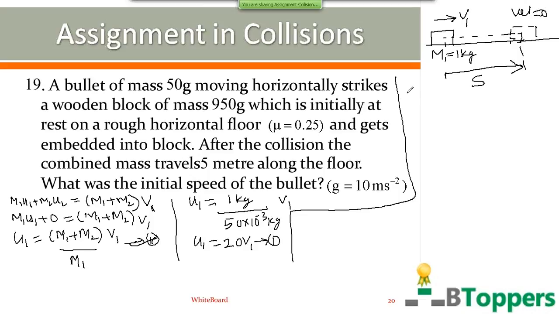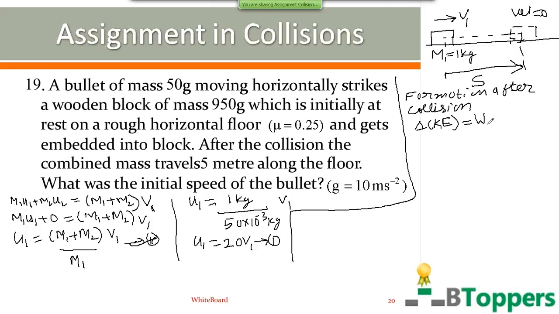According to the work energy theorem, for motion after collision, the change in the kinetic energy of the combined mass is equal to total work done by all the forces acting on the combined mass during motion after collision.